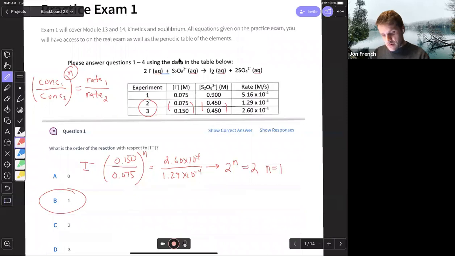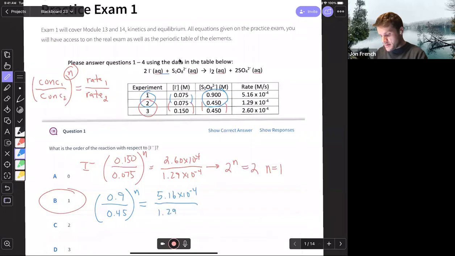For this one, we're going to look at experiments 1 and 2, because now iodine stays constant and this concentration is doubled. Again, I'm going to put the higher concentration on top. So 0.9 divided by 0.45, raised to the power of n, equals 5.16 over 1.29 times 10 to the minus 4.